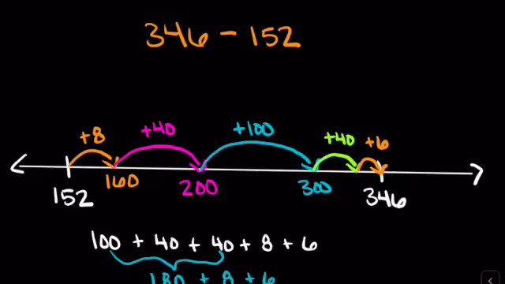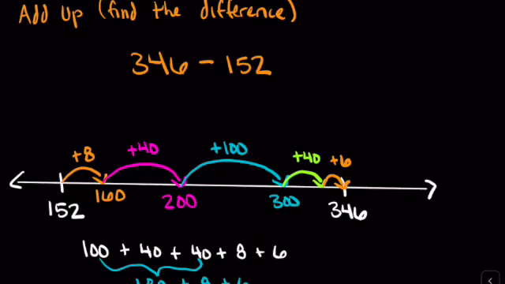Okay, and then we have 188 plus 6. I'm going to use my fingers for that, is 194. So the difference between 346 and 152 is 194.